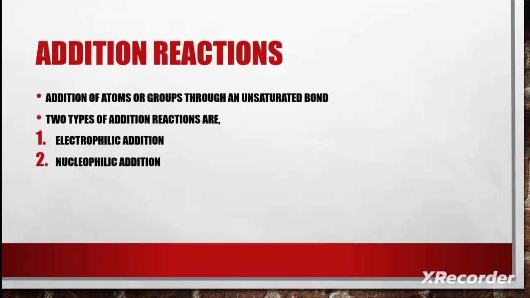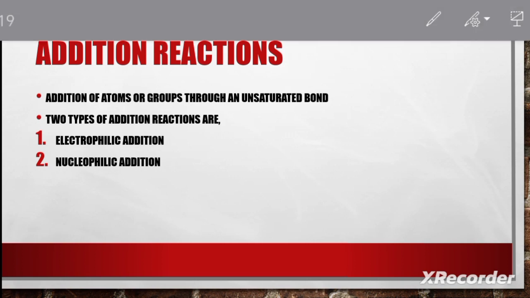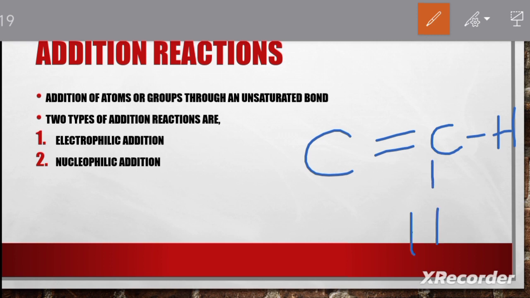Let's see what addition reactions are. Addition of atoms or groups through an unsaturated bond is known as an addition reaction. For example, if we consider a molecule like this, we can add a compound to it.